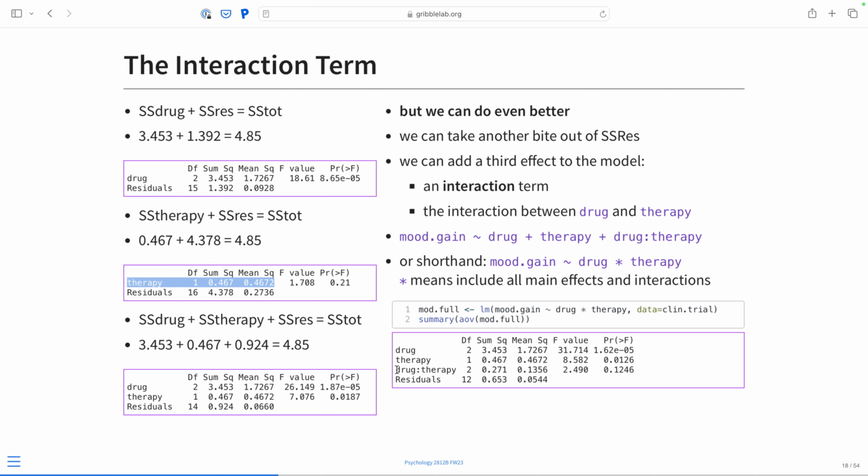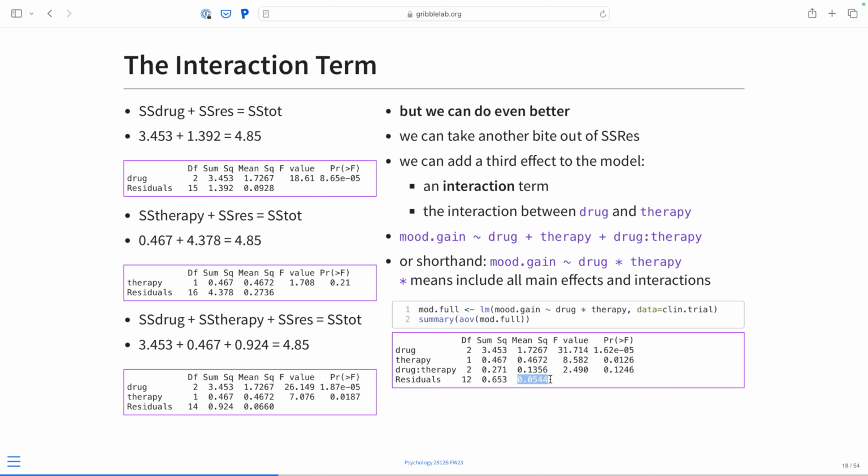And now we subtract from our sum of squares residual a new chunk of sum of squares: the sum of squares due to drug colon therapy, the interaction between drug and therapy. We have to pay for that using 2 degrees of freedom that come out of our residuals.